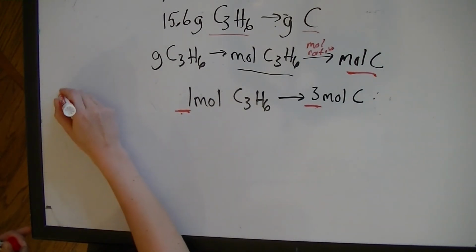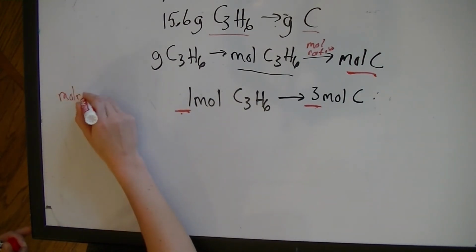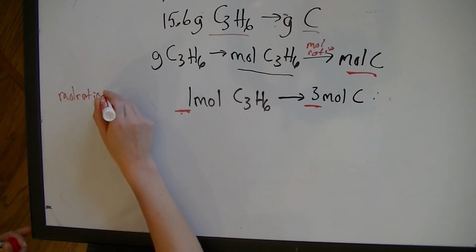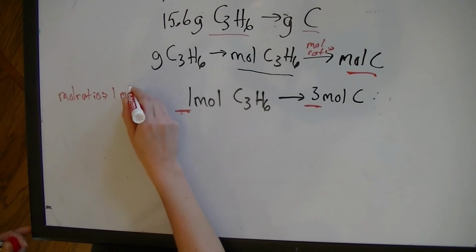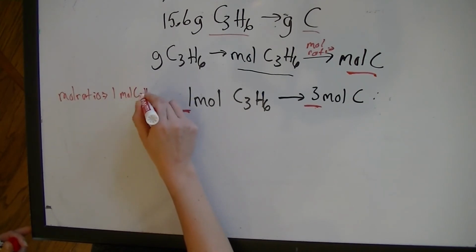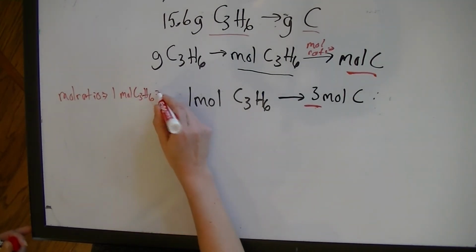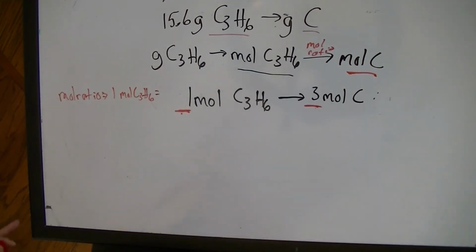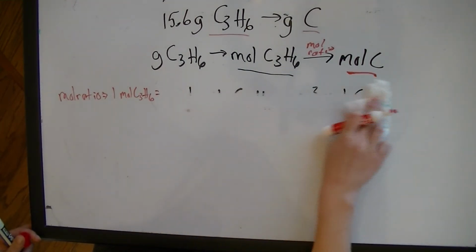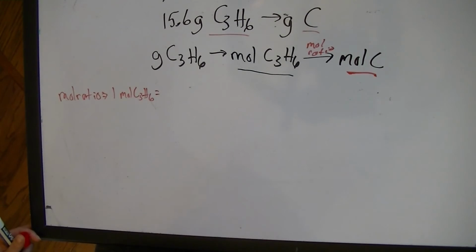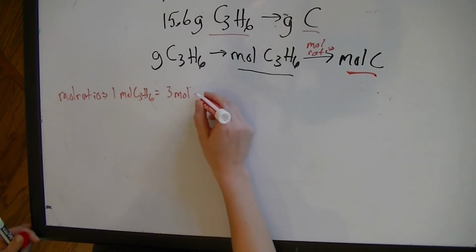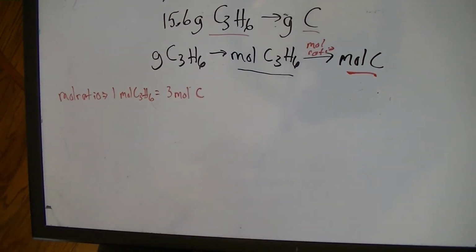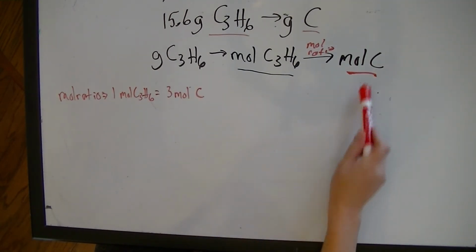So the mole ratio that I just figured out is 1 mole C3H6 is going to equal 3 moles of carbon. All right, so that will get me in moles of carbon.